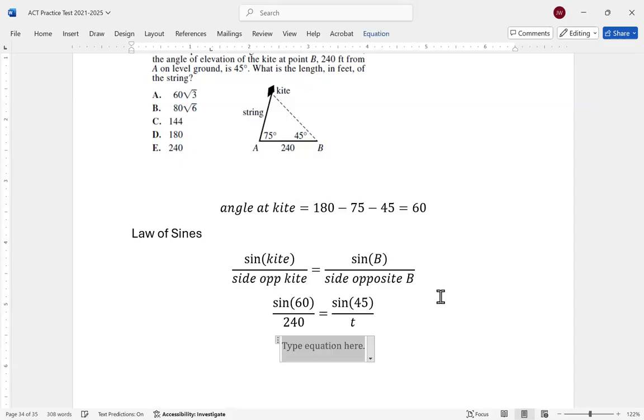Now I can solve. Cross multiply, divide, however you want. When I cross multiply, I get 240 times the sine of 45 equals sine of 60 times T. Then I divide both sides by sine of 60.